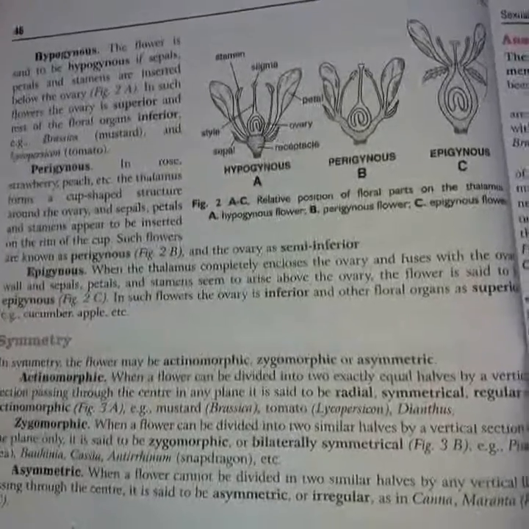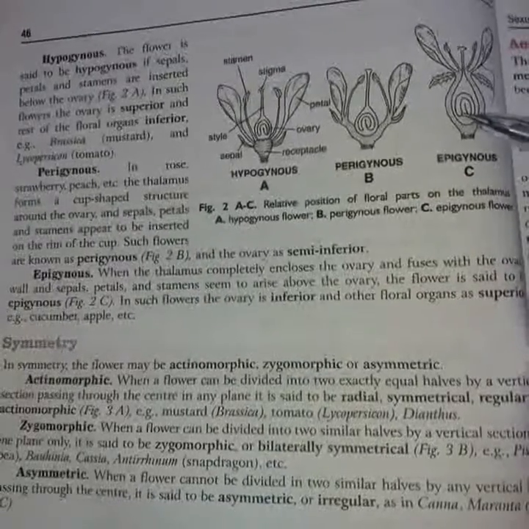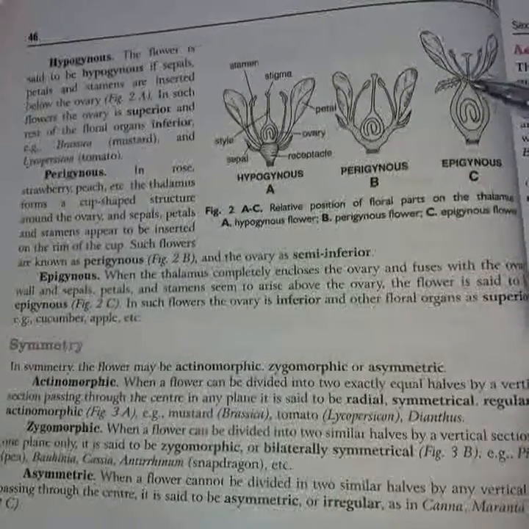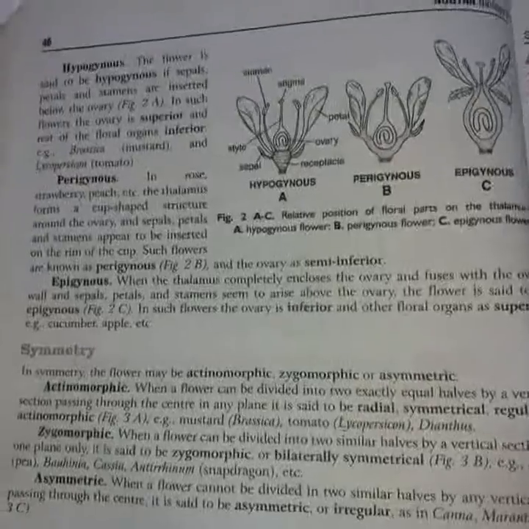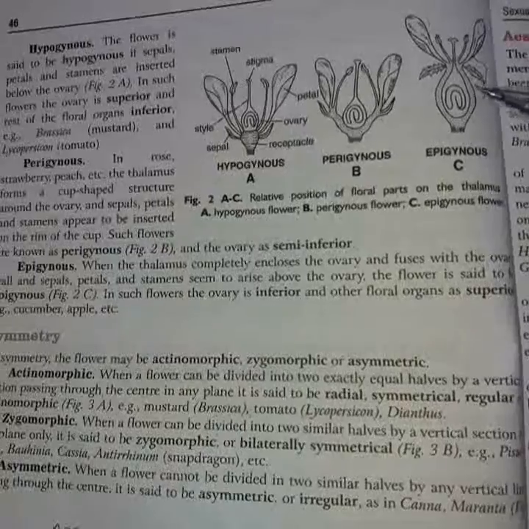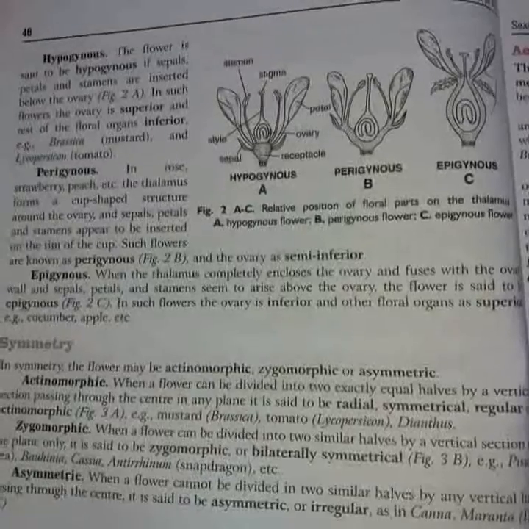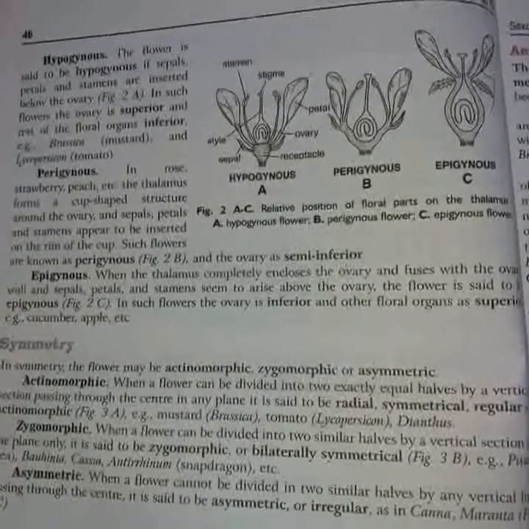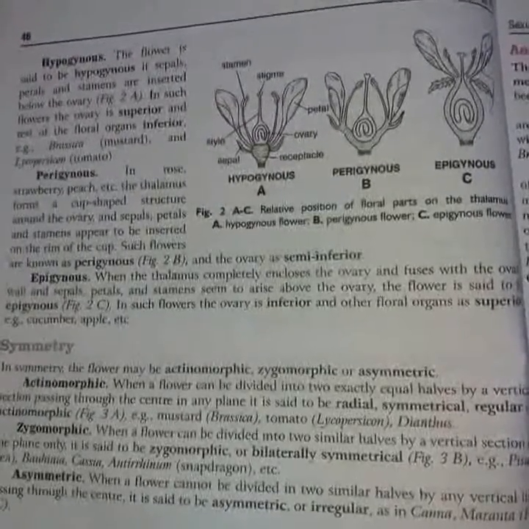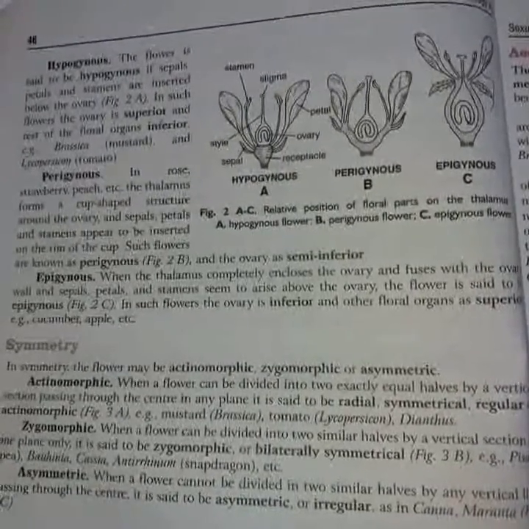When the thalamus completely encloses the ovary and fuses on the upper side of the ovary, and on this part arise petals, sepals and stamens, or these parts, petals, sepals and stamens, arise above the ovary, it is called epigynous.